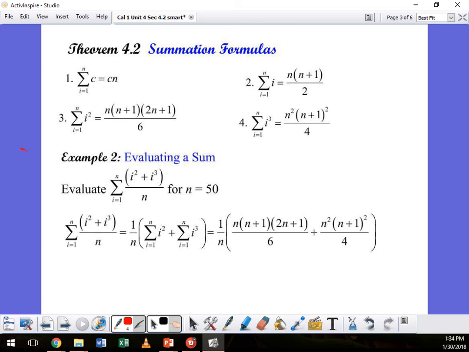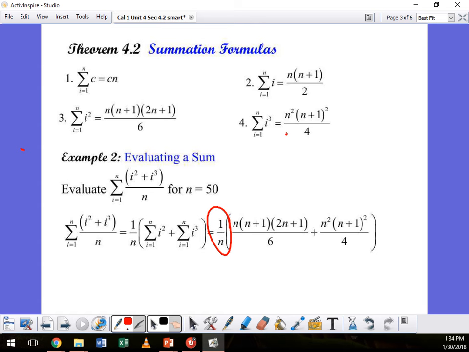Okay, so now to evaluate this one right here, here's another one: i squared plus i cubed over n. We factor out the 1 over n, which comes out here. Replace my i squared with what we have up here, so we get this, plus my i to the 3rd, which we get over here.